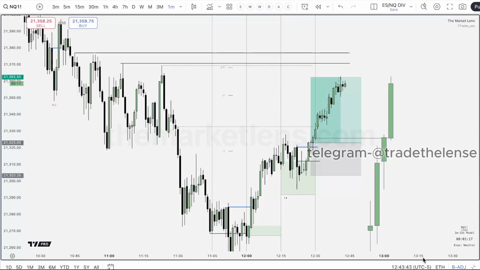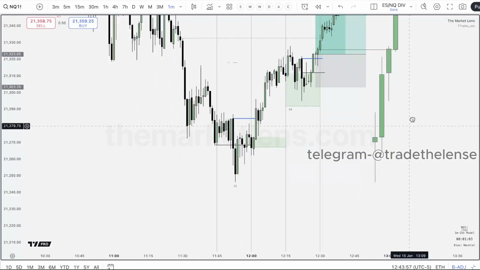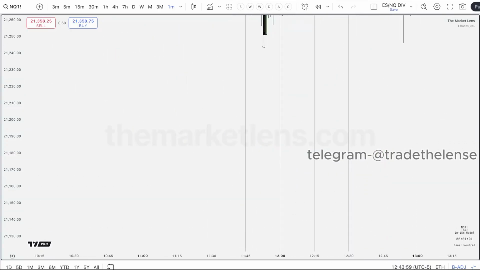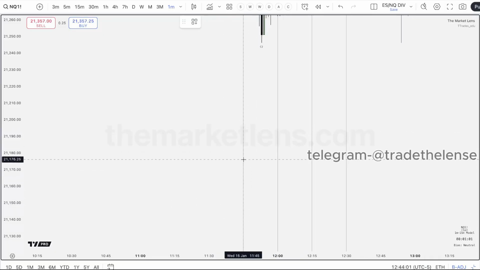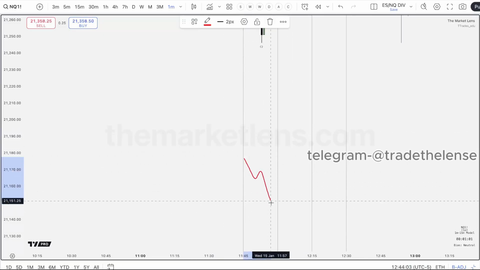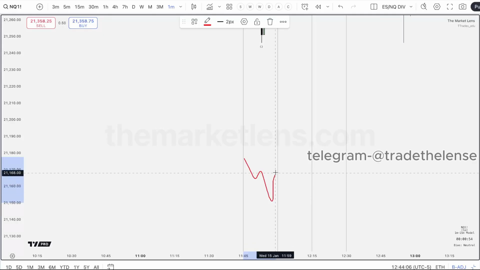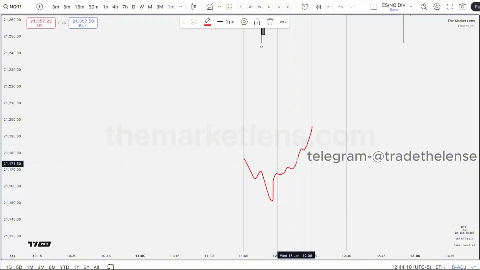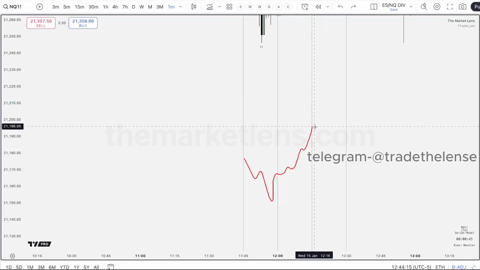I don't know what you really mean with entering whenever you see a CISD at 9:30, 9:45. If you're using the hourly and 5-minute, it's not just that. There are scenarios. Think about this as the hourly candles. If 8:30 manipulates and closes back in, that allows this 9 a.m. candle to expand. I can trade it, right? 9:30 goes, and then 10 a.m. is either going to be a continuation or a reversal.